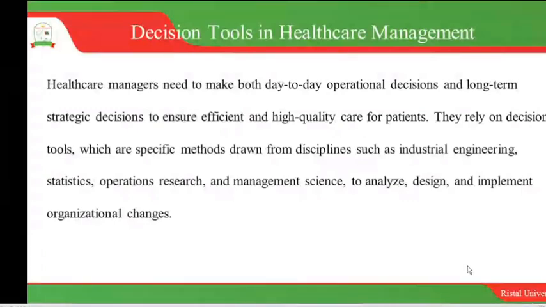Now, these decisions are made by relying on certain tools, and we are saying that these tools are specific methods that are borrowed from other disciplines. For example, in industrial engineering, in statistics, in operational research, in management science, and they are meant to analyze, design, and implement organizational changes.